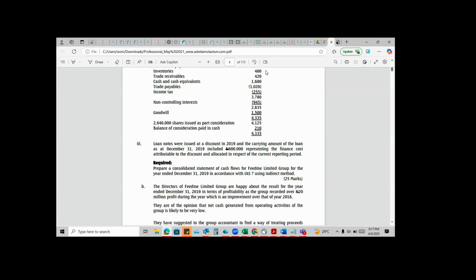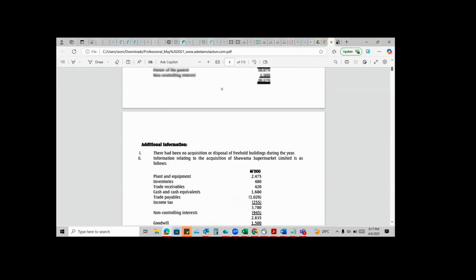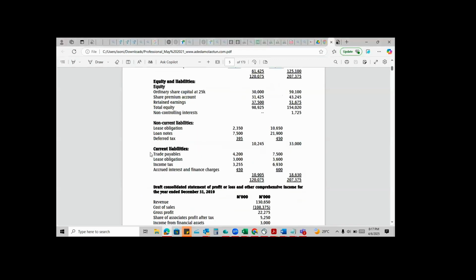What they are saying here is that inside your finance cost, there is a 600,000 naira that is attributable to this specific loan note. I'm sure when we look at the statement of financial position, we are going to see that loan note there. This is the loan note they must be referring to. All right. Now let's go into solving.